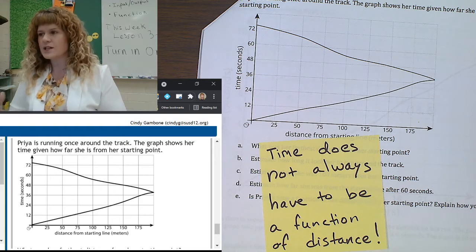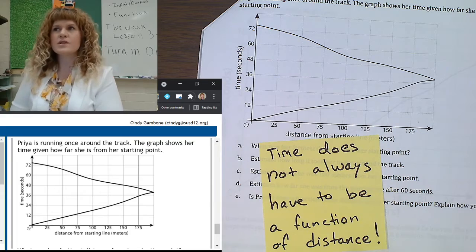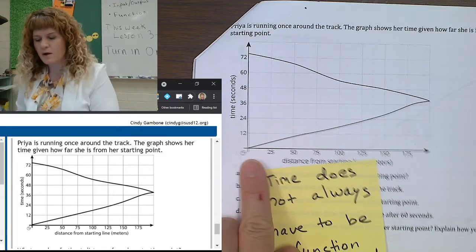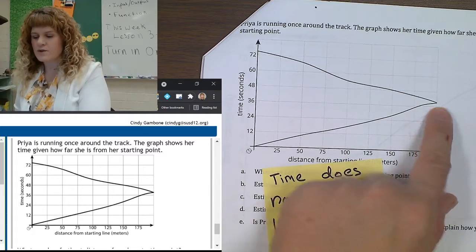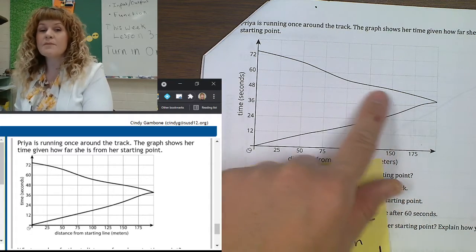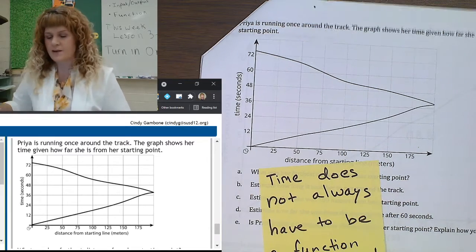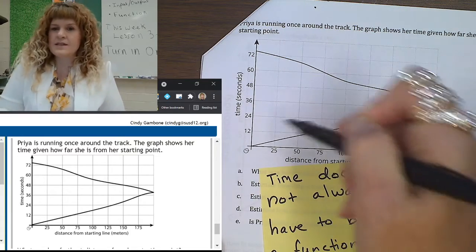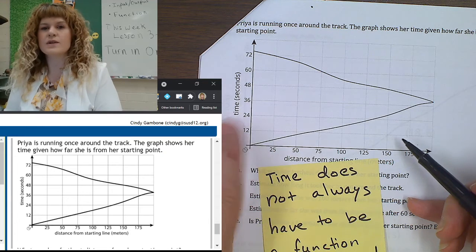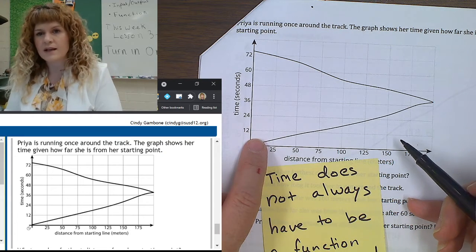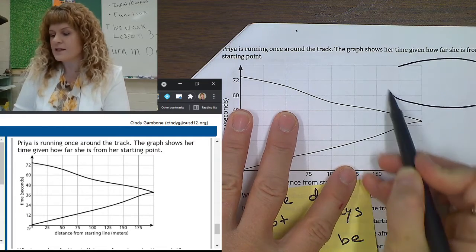So imagine a circular running track where you start at t equals 0 and you run to the other side of the track where you turn around and come back to your starting point. In this case, the time that it takes does not depend on your distance from the starting line because your distance increases and then decreases.